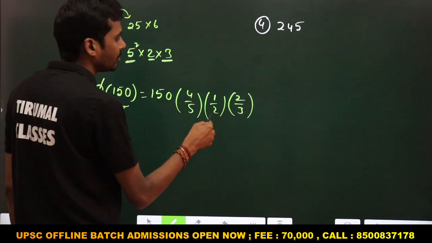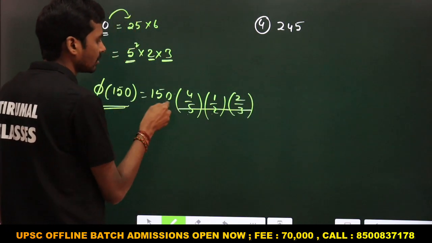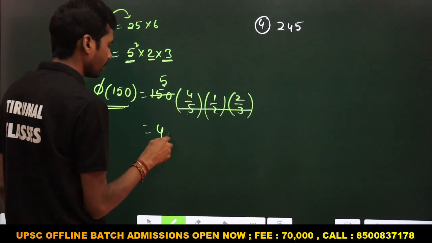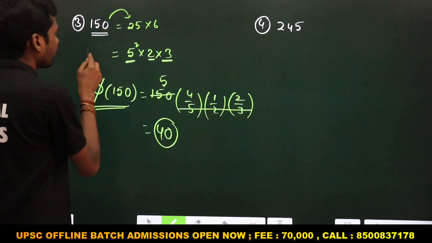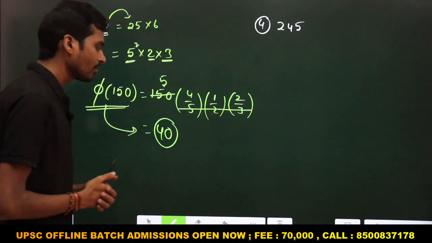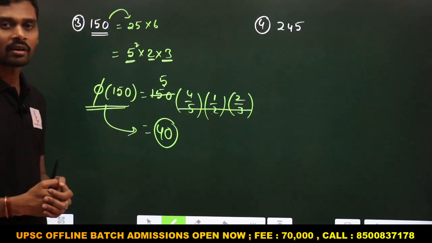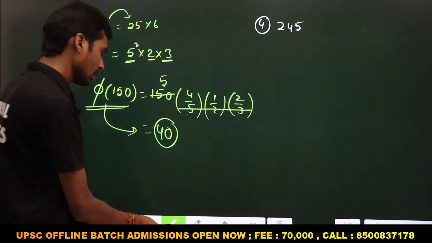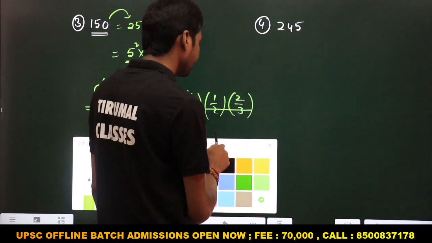So 3 2s are 6, 6 5s are 30, 30 times 4 by 5 is 5 4s are 20, 2 20s are 40. How many coprimes or relative primes are there to the number 150? We have 40 coprimes or relative primes to the number 150. Clear? Let's have a next number.